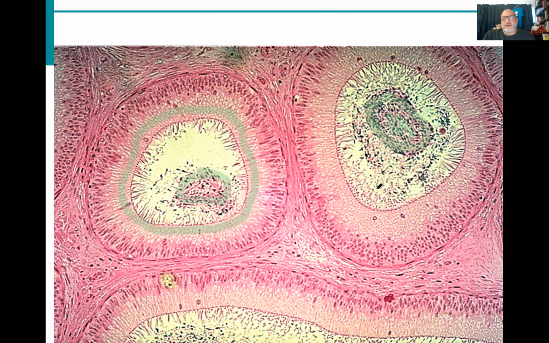It's very, very stereotypical that this will happen. You always see this clumping of the sperm in the center of an epididymis, whereas you don't see that in the seminiferous tubules. Is there a reason why? It's strictly because of the processing. When you dehydrate this tissue, all that water goes away, and so all of the sperm clump together.